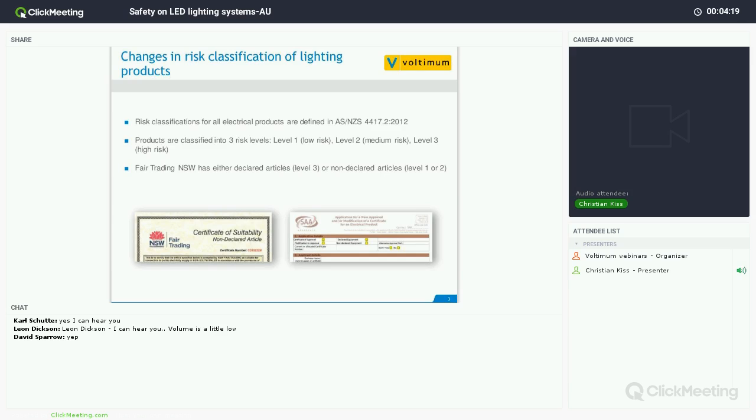A declared article or high risk basically means that a product must get mandatory compliance or safety certification. So you need a certificate of approval from one of the state-based regulators as a supplier. The suppliers need to do this.